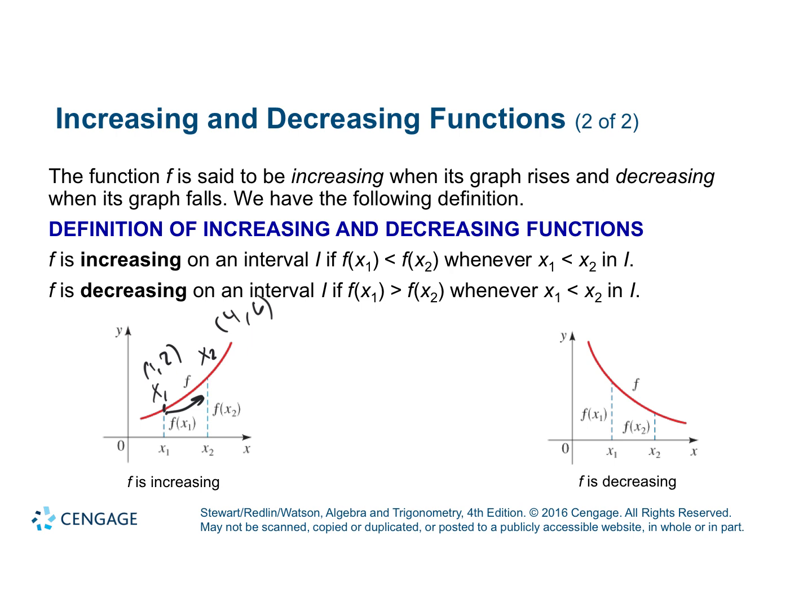So f is decreasing on the interval if f of x1 is greater than f of x2 whenever x1 is less than x2. So what does that mean? This is your x1, this is your x2. I'm going to choose the same points just for consistency purposes.